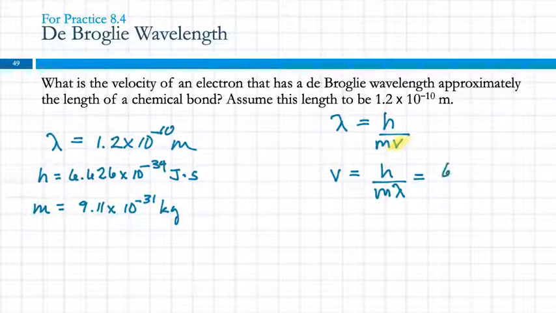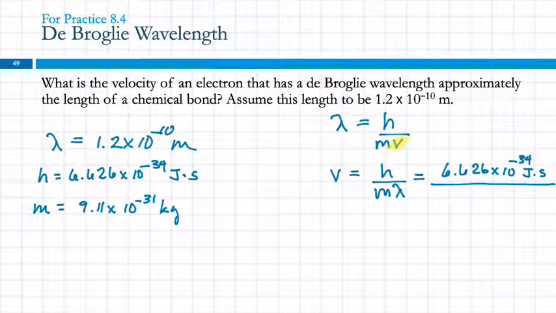So we can plug this in, 6.626 times 10 to the minus 34 joule seconds. I know that joule is a kilogram meter squared per second squared. If this was an exam question, I don't expect you to know the mass of the electron.